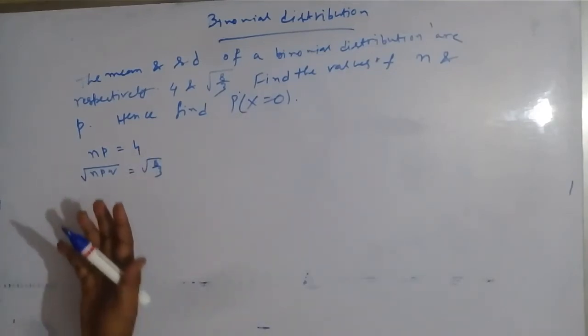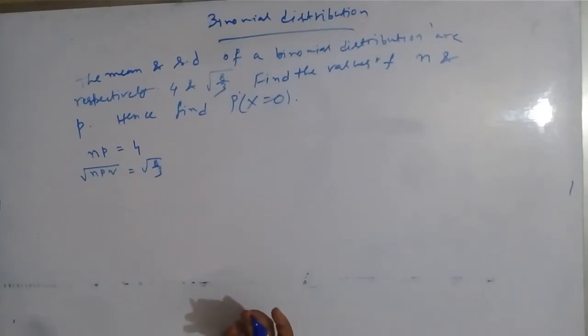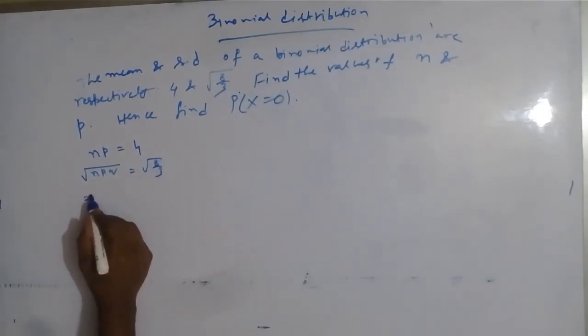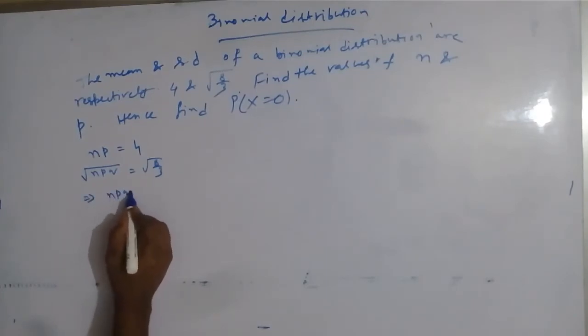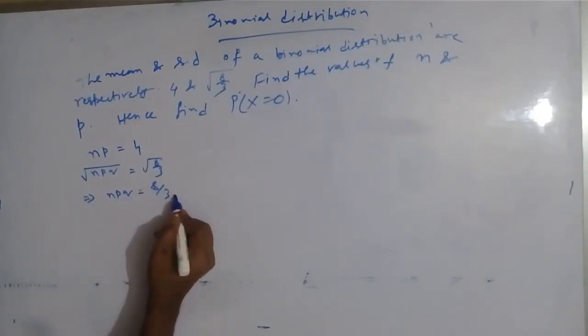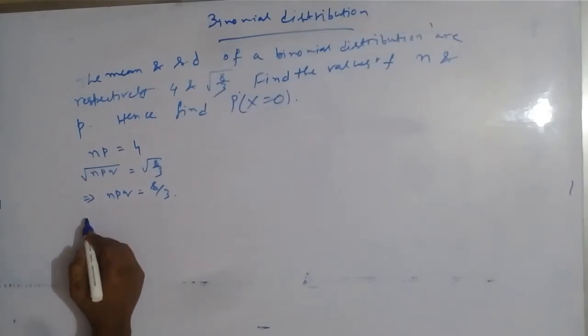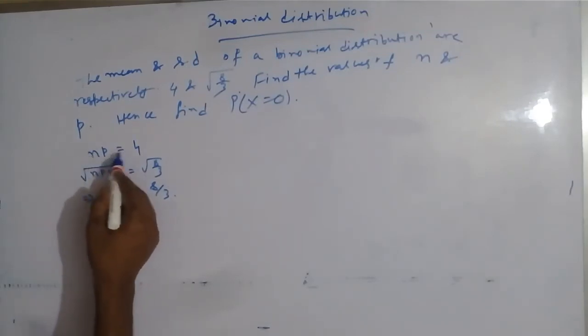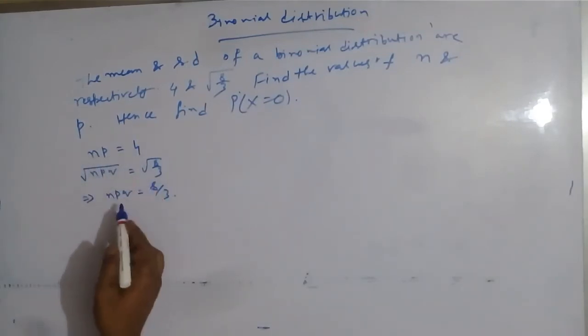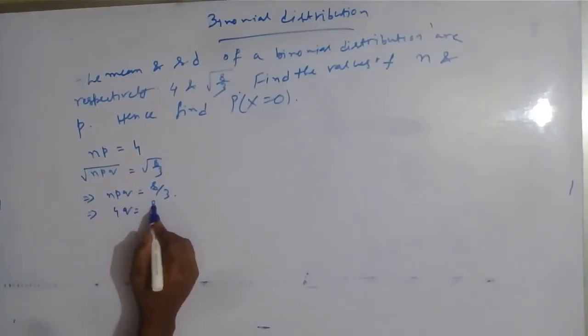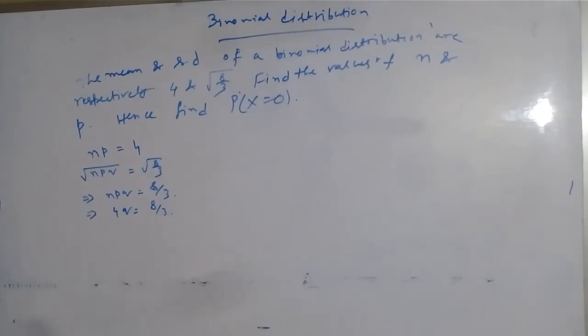Solving these two equations, we can find them. So from here npq equal to 8/3, and if we put the value of np here, that is 4, then it will be 4q equal to 8/3.